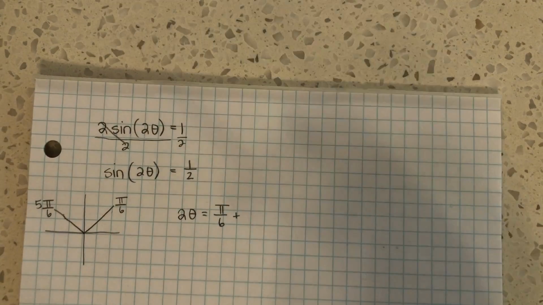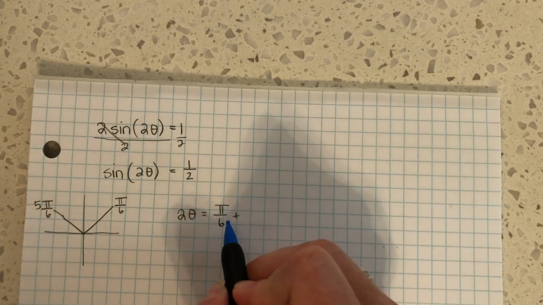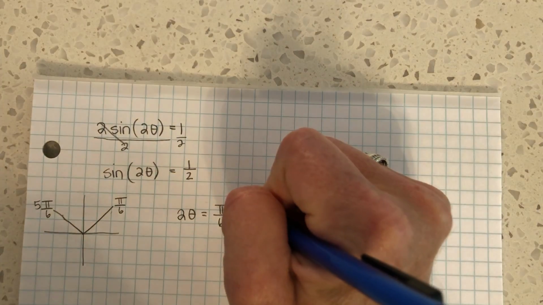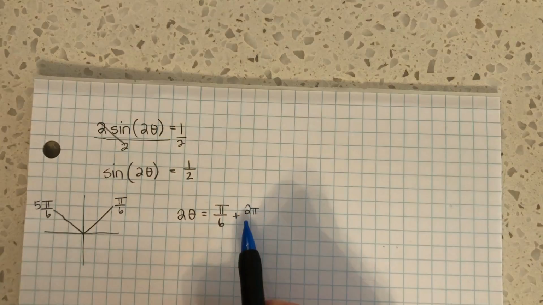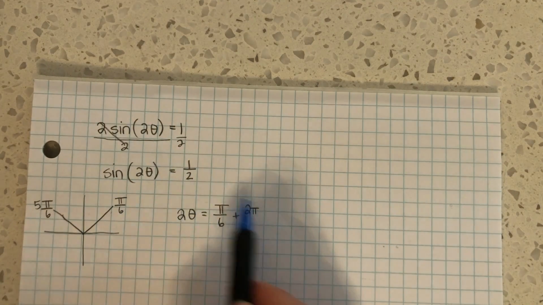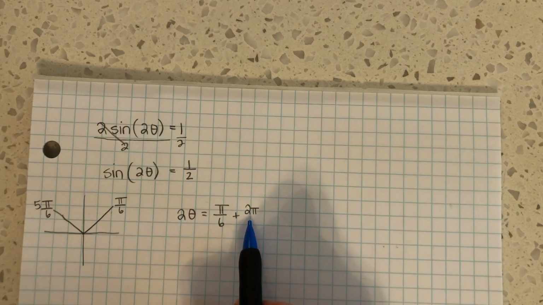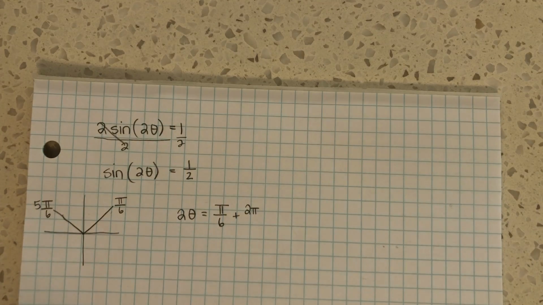So now we want to prepare for more answers. So add the original period, what's the original period of sine, 2 pi, onto this. Because the period has been changed, there might be more or fewer answers from 0 to 2 pi, so we're preparing for it by adding the original period on.